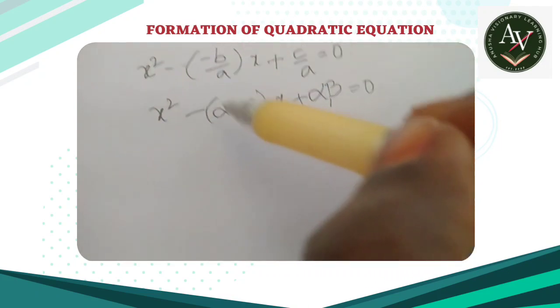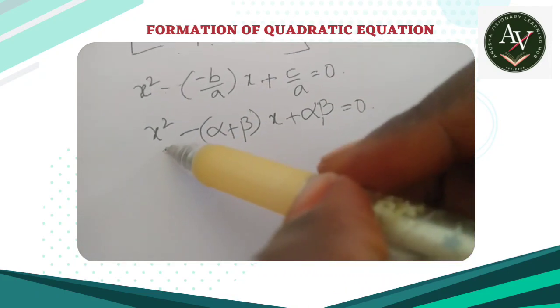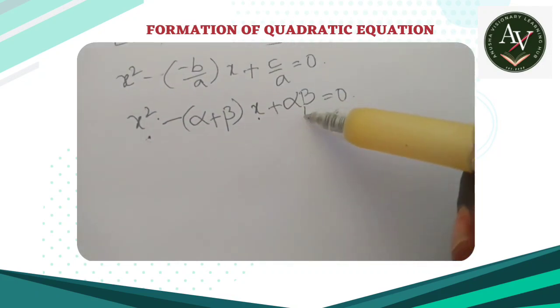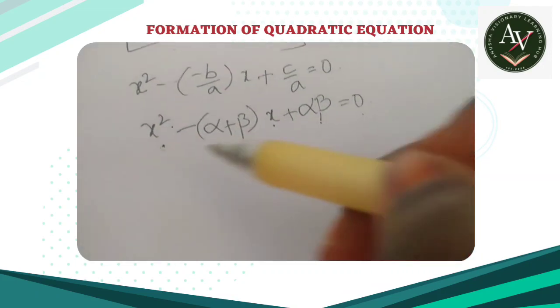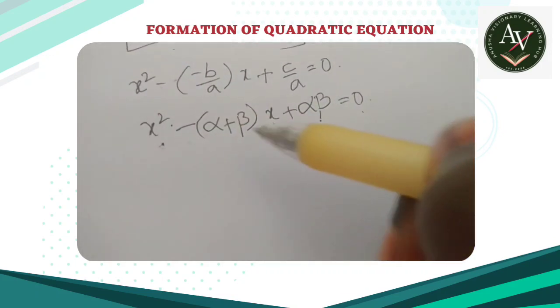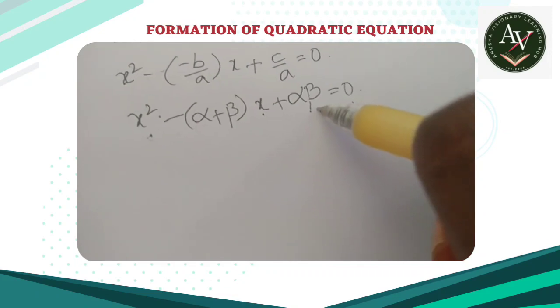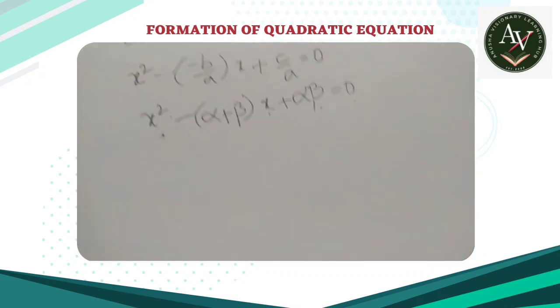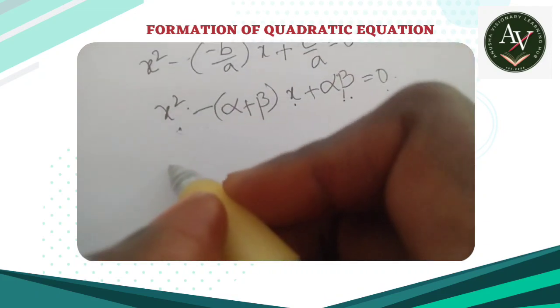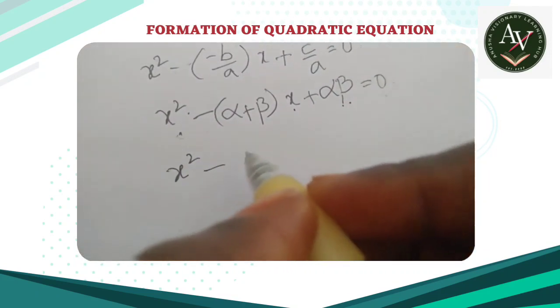This is in the form of a quadratic equation: x square means degree 2, and the coefficient of x is there and the constant term is there, and all these terms are in alpha and beta only.